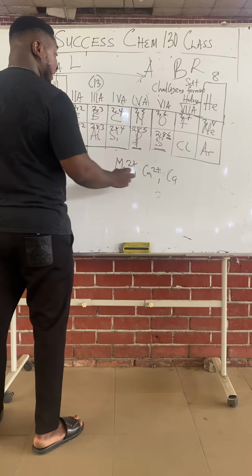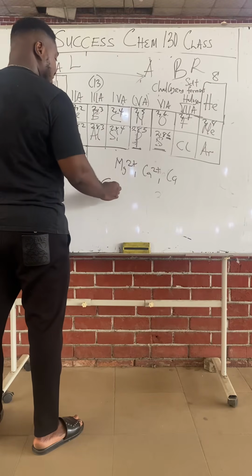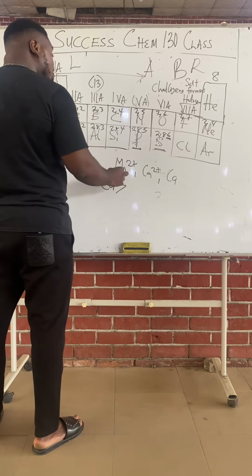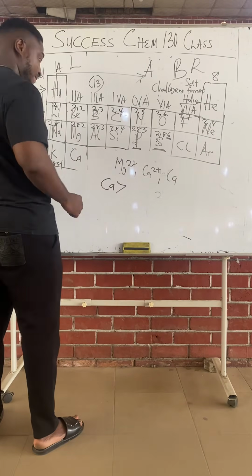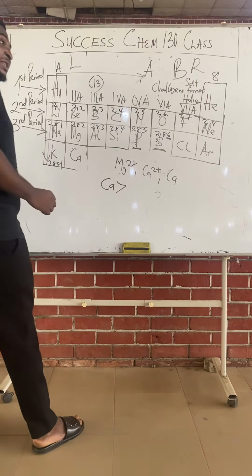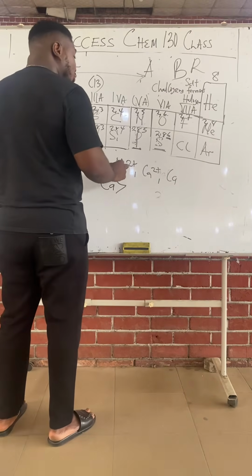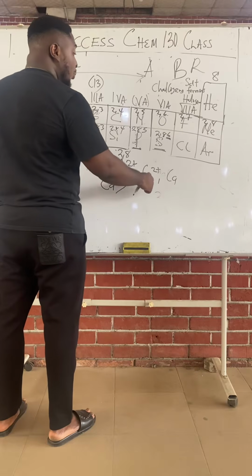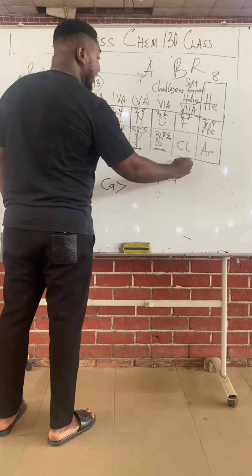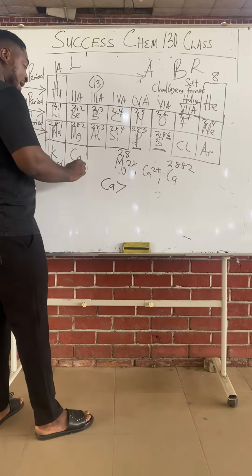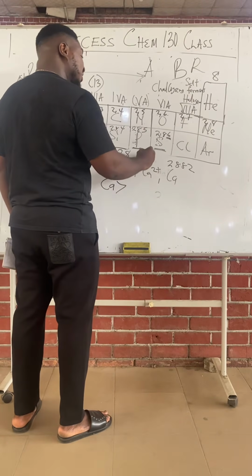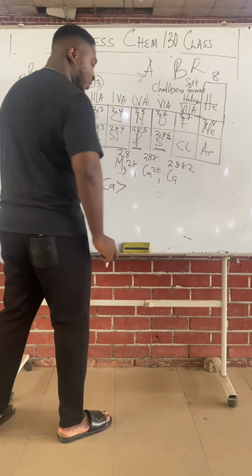Class, obviously calcium atom is the biggest. Now between Mg2+ and Ca2+: Mg2+ means magnesium has lost 2 electrons to become 2,8. Calcium normally is 2,8,8,2, since it's number 20, but Ca2+ means 2 electrons are gone, so it's now 2,8,8.